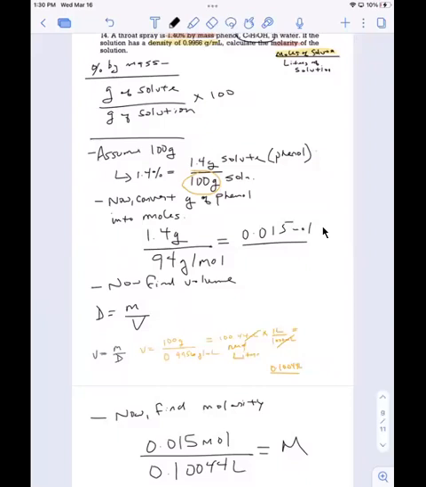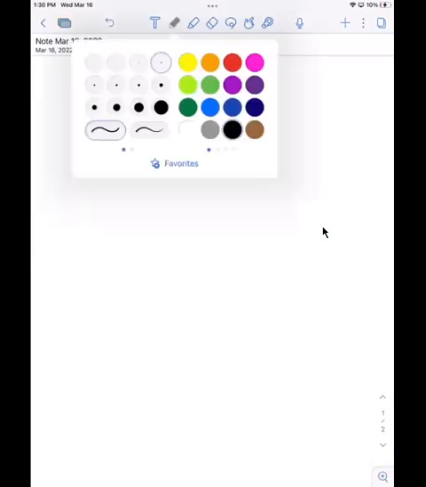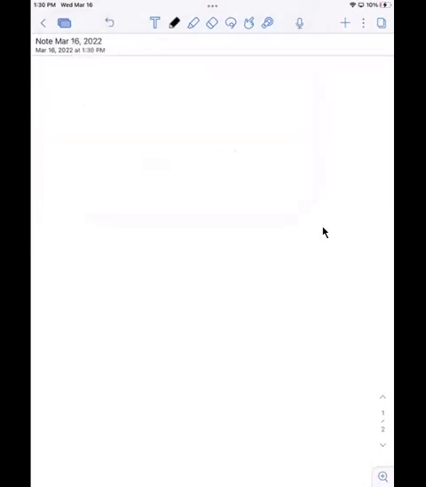Let me change over to a clean sheet of paper. And I'll post that as well as what we talk about now. All right, so we're going to now begin talking about chapter 4, which is dealing with stoichiometry.